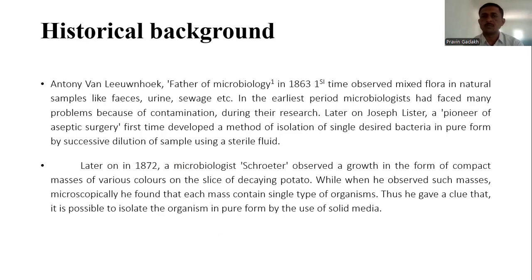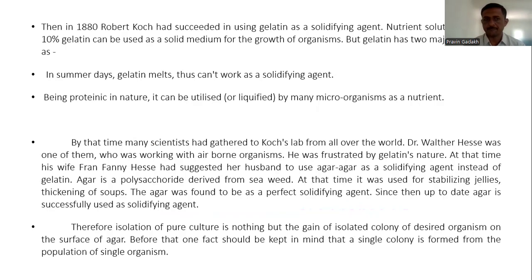When he observed that growth under the microscope, he found that the cellular morphology and characteristics of that organism are similar, which means they belong to a single species. So he got a clue that organisms can be isolated in pure form on solid media. Later on, different solid media preparations were developed.